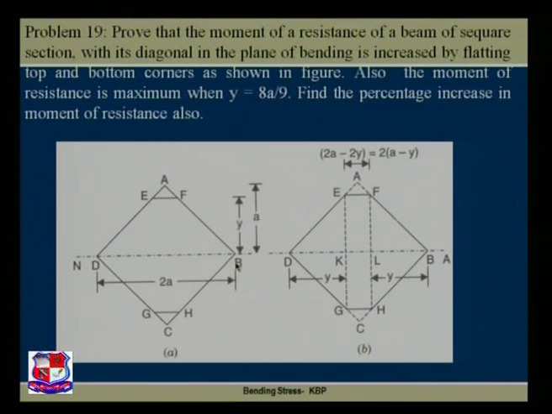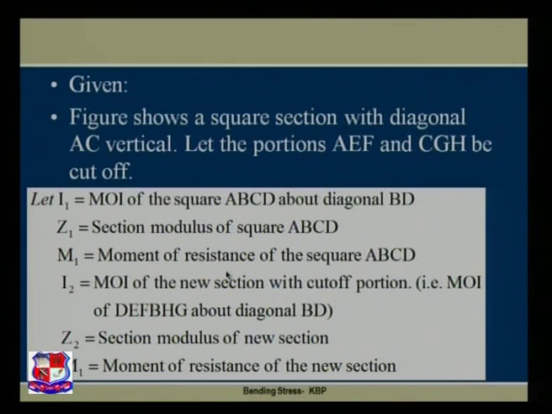I1 is the moment of inertia related to this diagonal. Z1 is the section modulus of the square section ABCD about BD. M1 is the moment of resistance of the square ABCD.